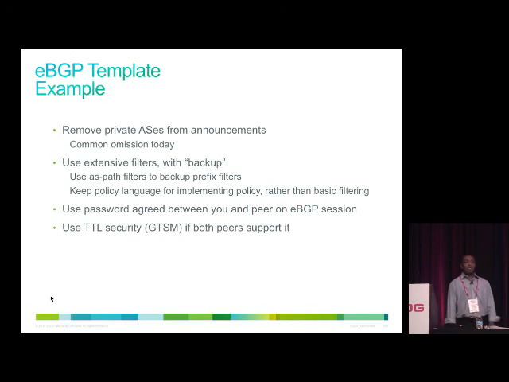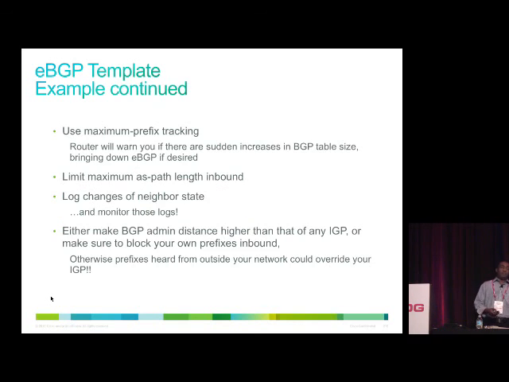Here is an eBGP template example. Remove private ASs, remove bogons, basically. Use GTSM and use a password. So this is just a template for eBGP. Use maximum prefix tracking.